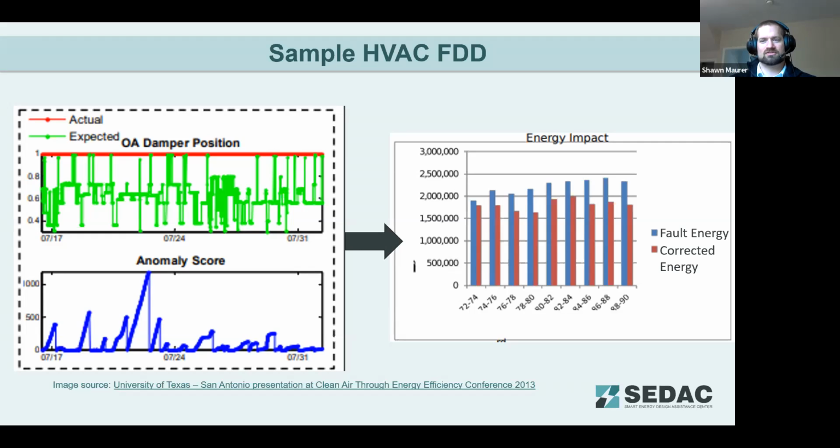This kind of scoring is also how they determine prioritization for these types of systems. And then on the right-hand side of the screen is the impact it had to correct that issue. So you can see some pretty significant cooling energy savings for this. In this example it was an economizer. But you start seeing this expanded now to the entirety of HVAC systems.